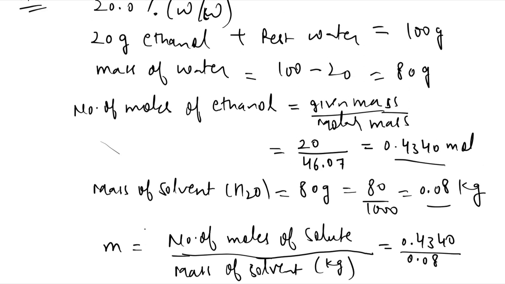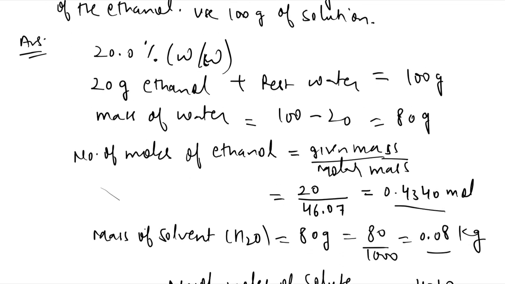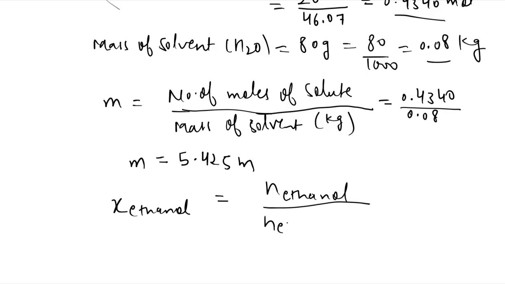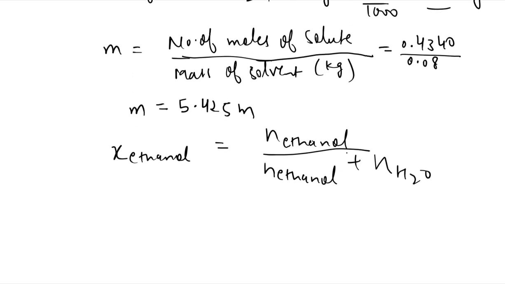Okay, and the next question was to find the mole fraction. So for the mole fraction of ethanol, the formula we already know: number of moles of ethanol divided by number of moles of ethanol plus number of moles of water. We have already calculated the number of moles of ethanol.